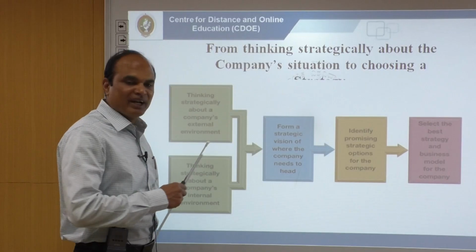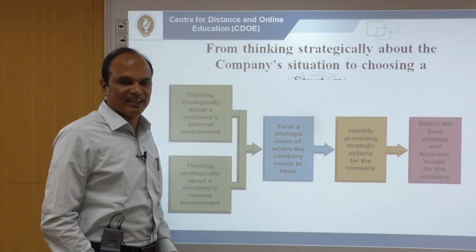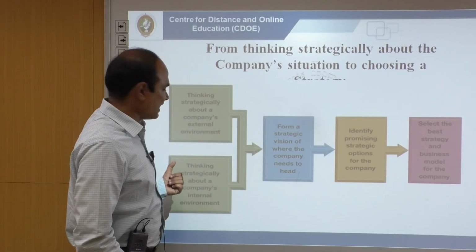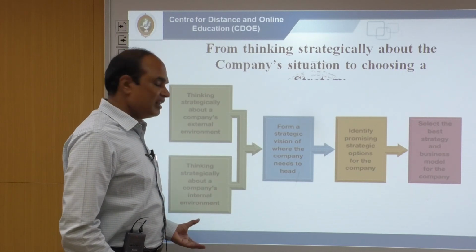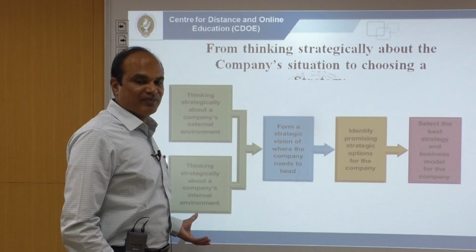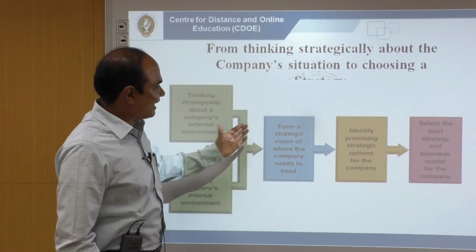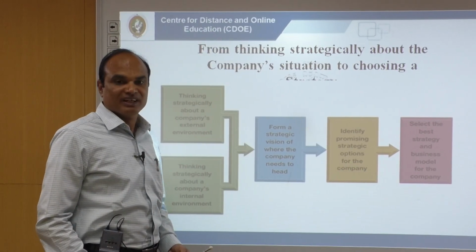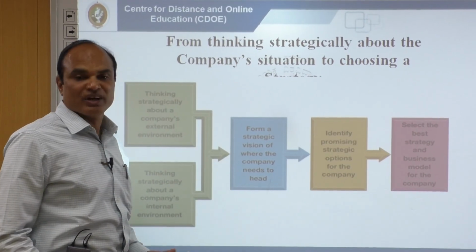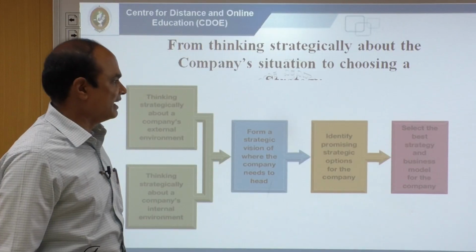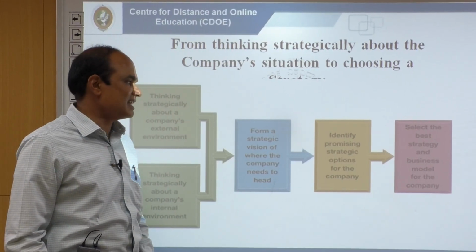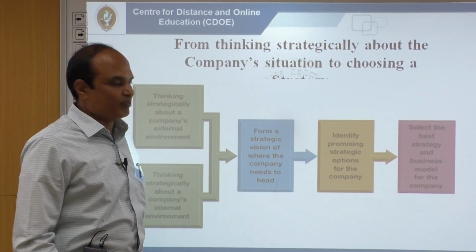Depending upon the external environment scanning, to suit the external opportunities and threats, they will focus on the strengths and weaknesses of the company, and this leads to identifying the promising strategic options for the company.